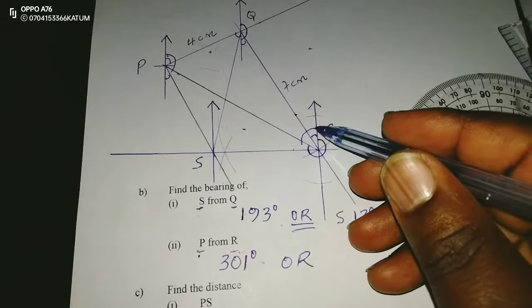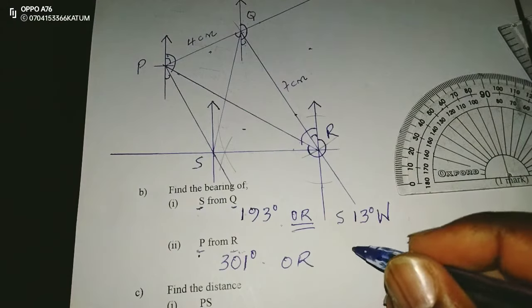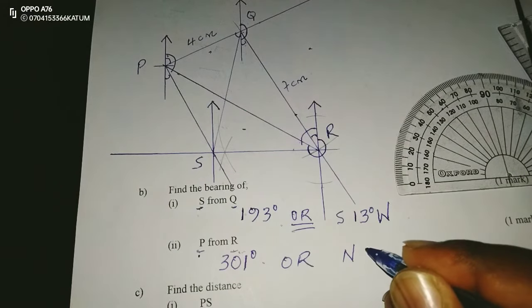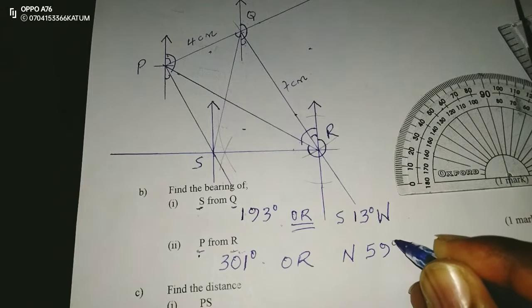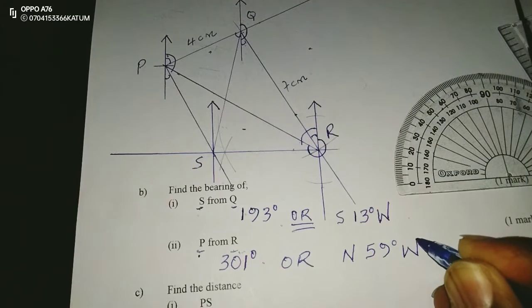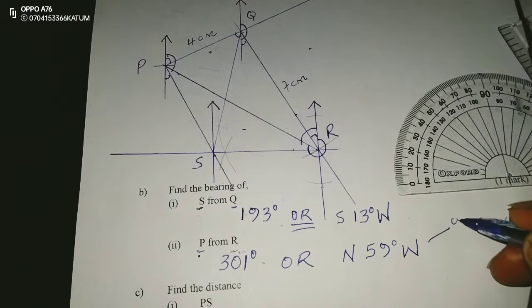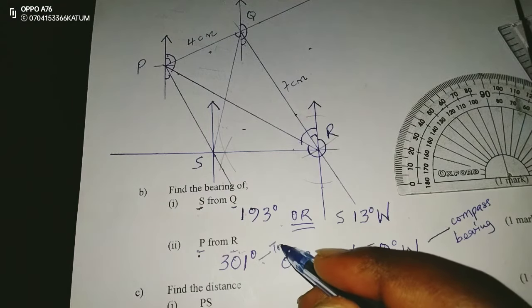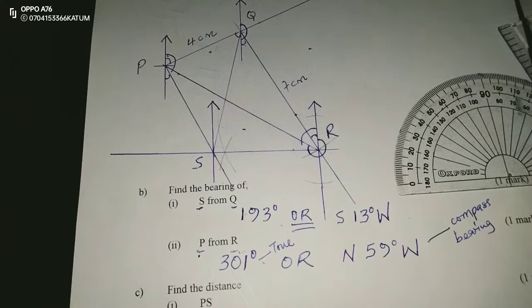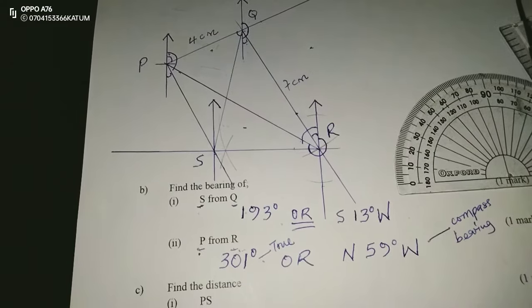So this is an angle of 59 degrees from north towards west. So this is the compass bearing. This one is the true bearing. So that is how we measure bearings.